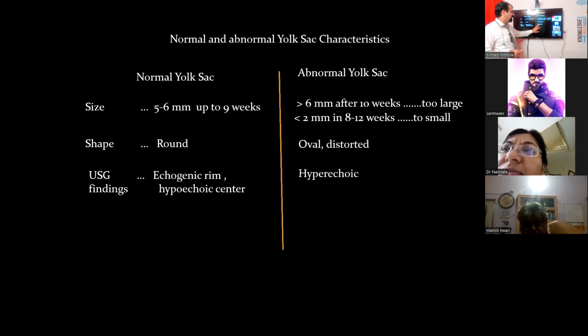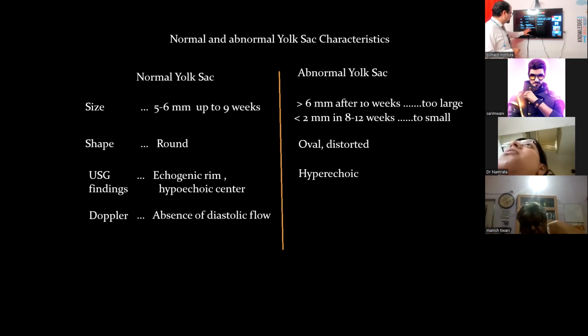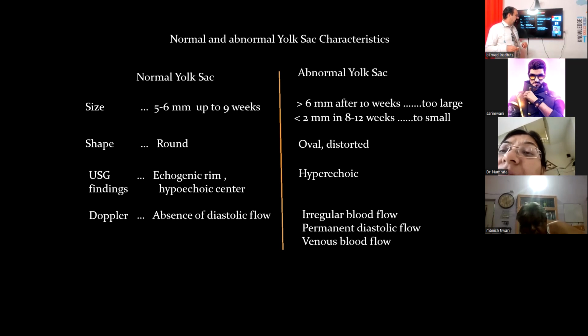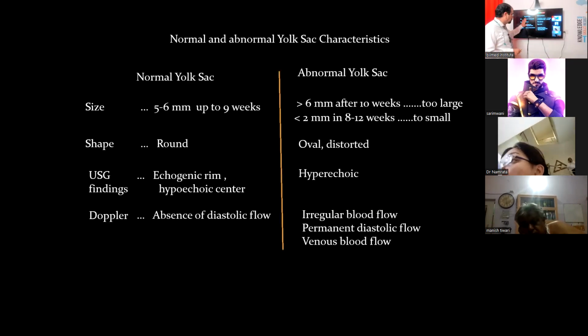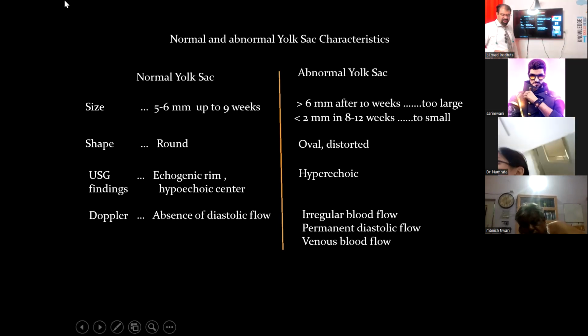If we have a hyperechoic wall, that is a calcified wall, and that is abnormal. If you are able to put the Doppler, absence of diastolic flow is normal, and if you see irregular blood flow, that means venous pooling is there, meaning congestion has occurred. That is also abnormal. So please note down these points for normal and abnormal yolk sac in your notebooks.